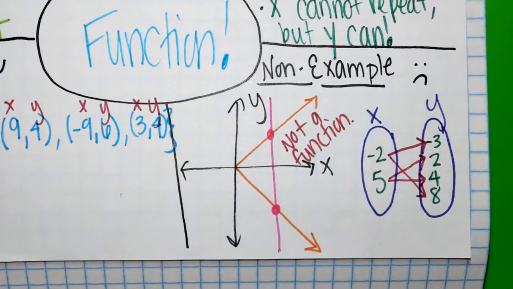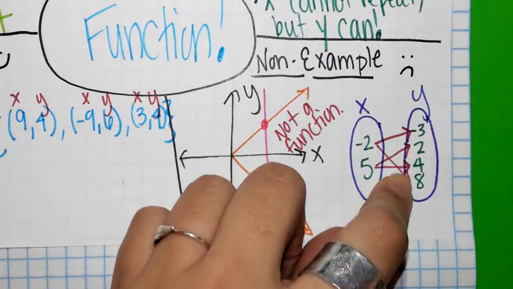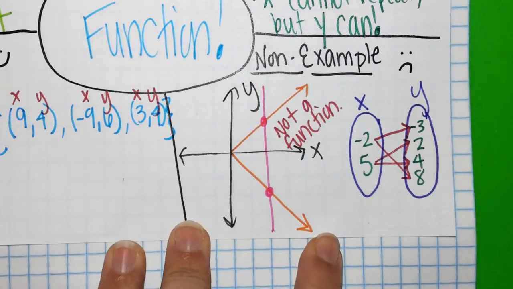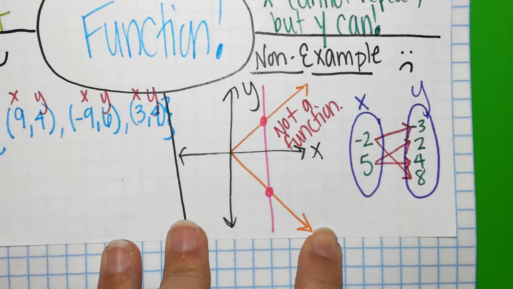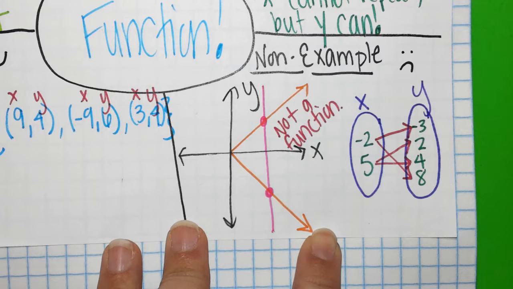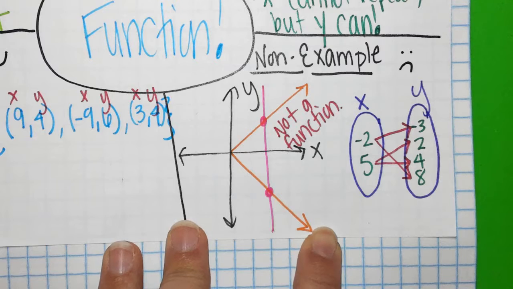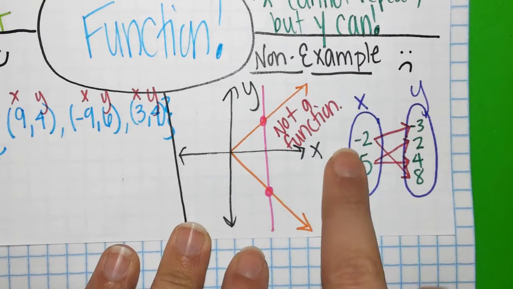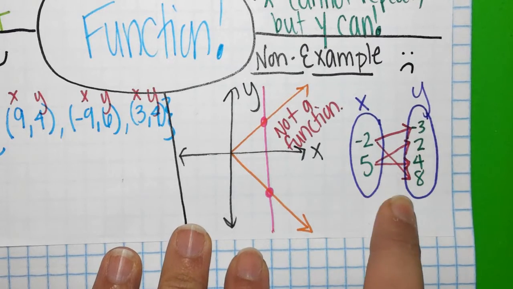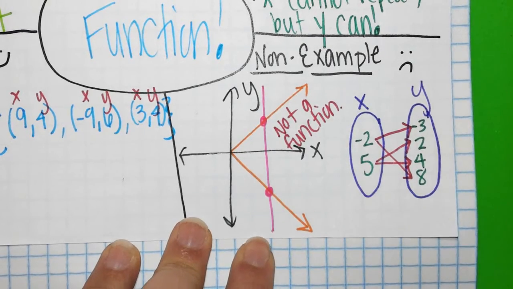That's negative 3, 2, 4, 8. Now, if it has two arrows, that means x repeats, and x cannot repeat.